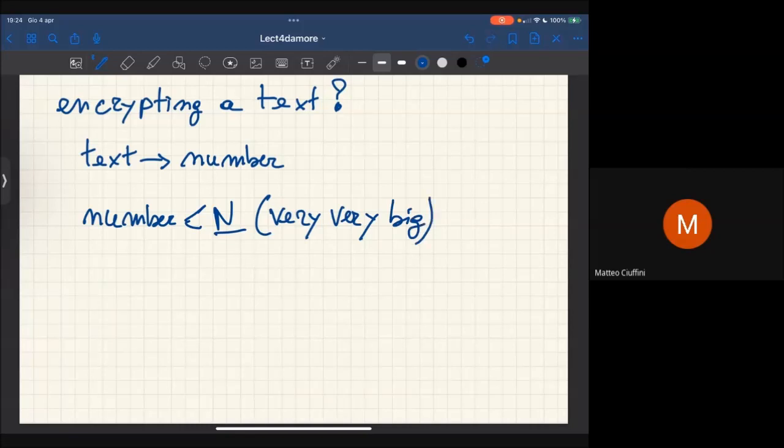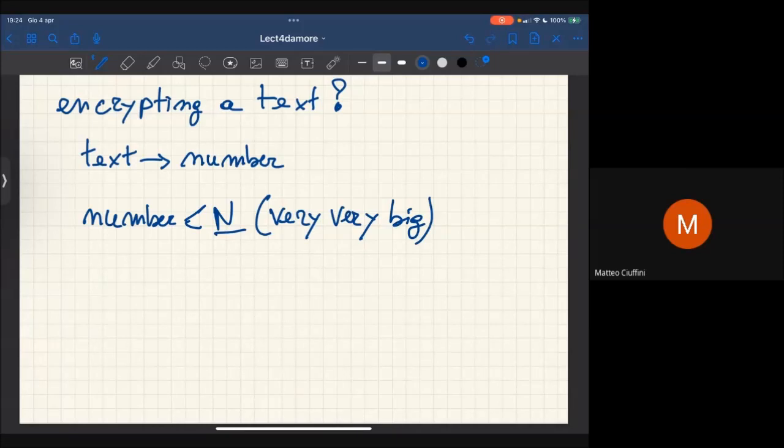So a very, very long text will give a number that is greater than N. And in that case, we will need to decompose the text in many blocks that are smaller than N. And we will need to use a mode of operation, like in the symmetric ciphers.